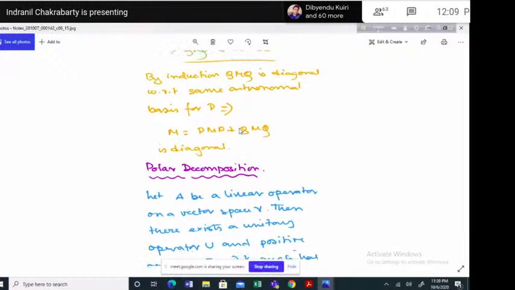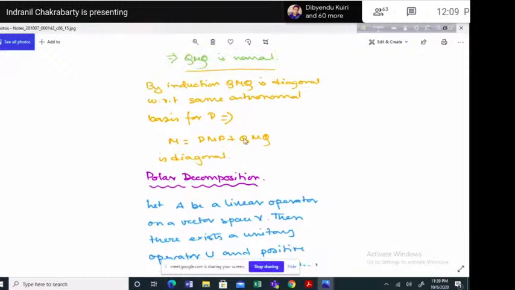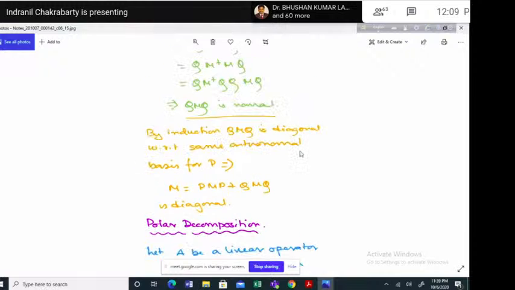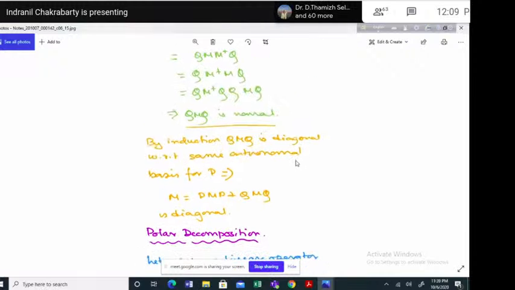Since QMQ is normal, and we have seen PMP is normal, and QMQ is diagonal with respect to the same orthonormal basis for P, we can together say that M is also diagonal. But why by induction can we say that QMQ is diagonal with respect to the same orthonormal basis for P? Can anybody tell?